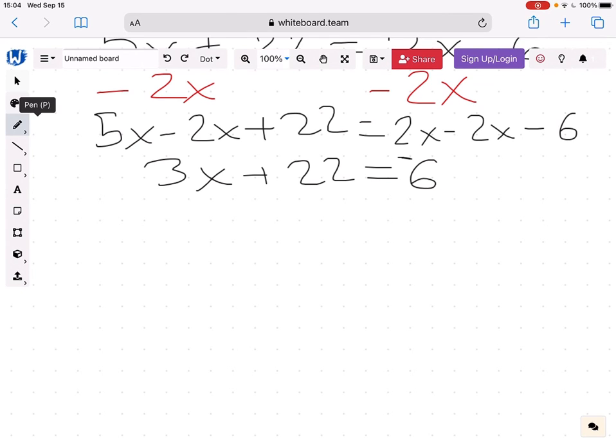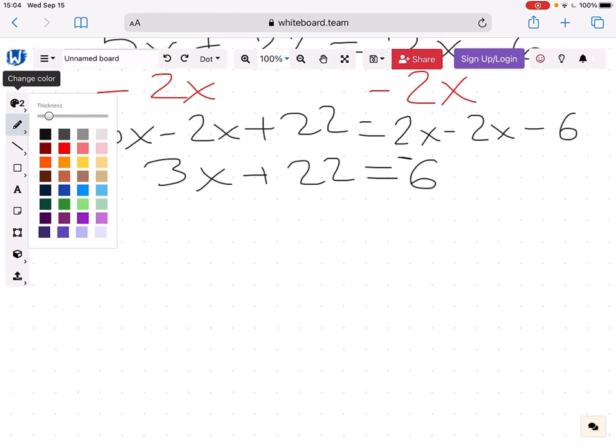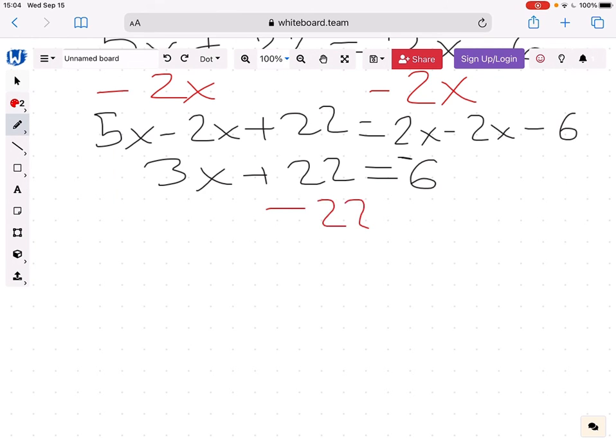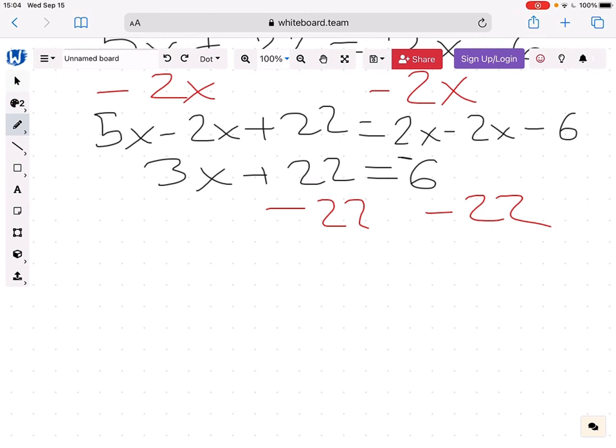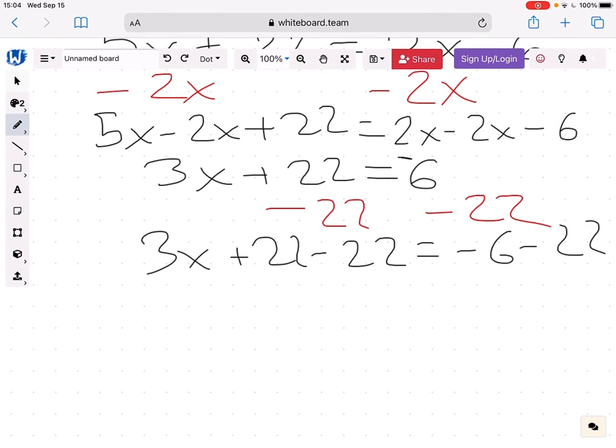Well, now what we have to do is get rid of that 22 on the left, and to get rid of 22, we need to subtract it. But again, we're subtracting it from both sides. Now we get 3x plus 22 minus 22 equals minus 6 minus 22.